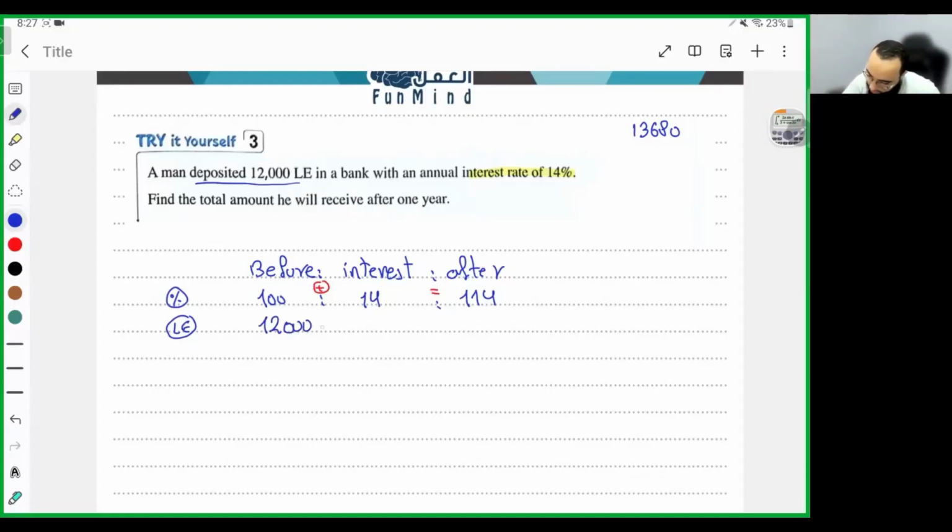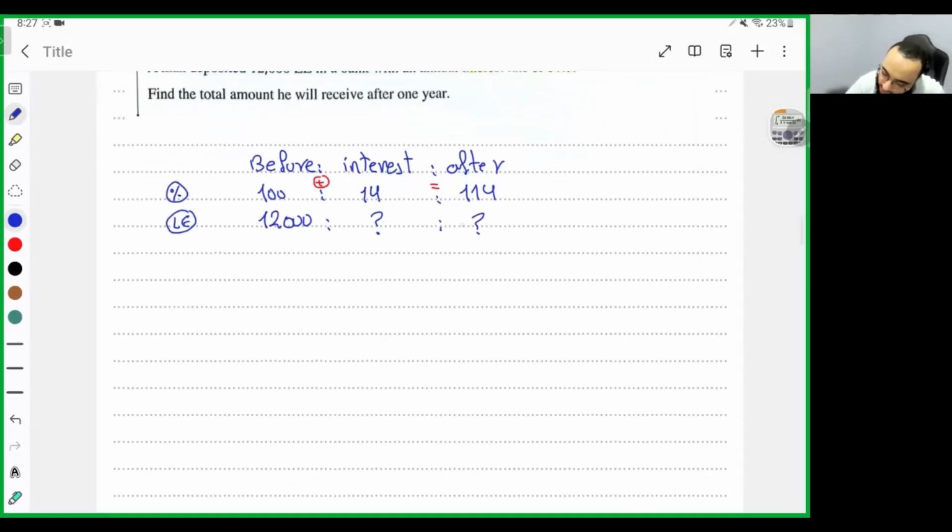12,000 is what? You know the interest? No. You know the price after the interest? No. Find the total amount you receive after 1 year. So we are calculating the price after the interest. Cross multiplication.